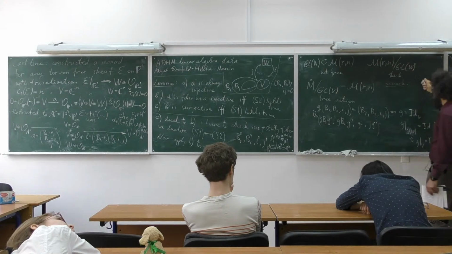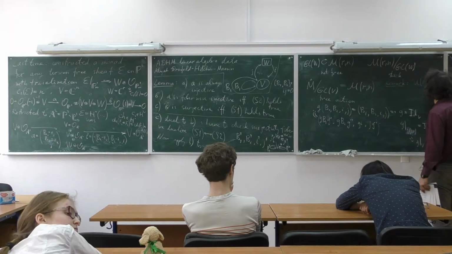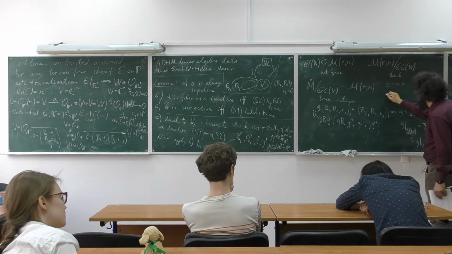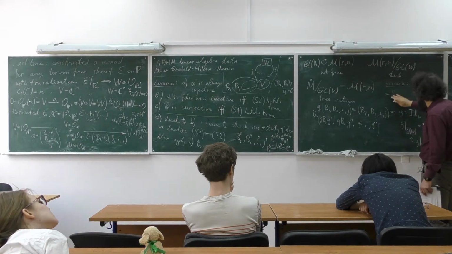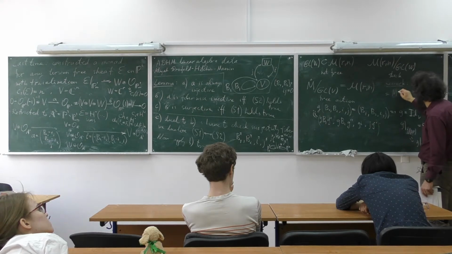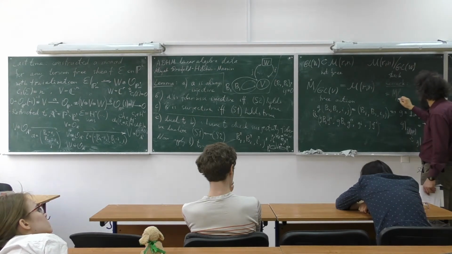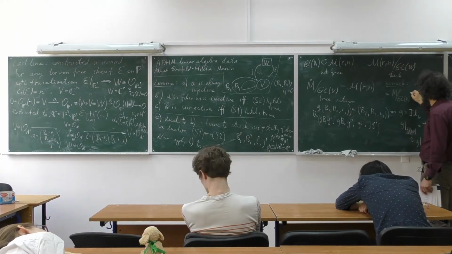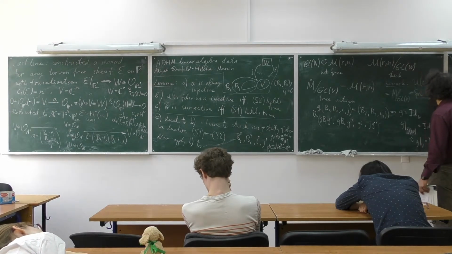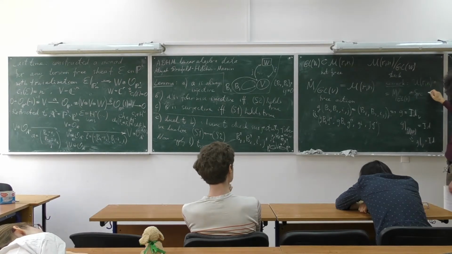So we can take, whatever, U Rn. By definition, this is the categorical quotient, M modulo GLV. So by definition, this is the spectrum of the functions on M, invariant with respect to GLV.